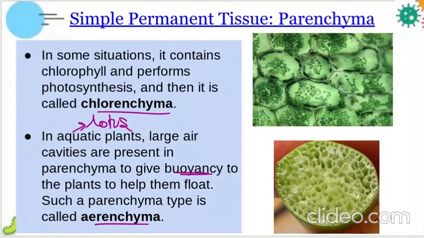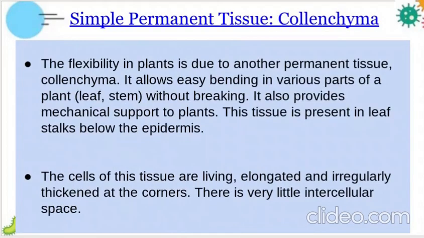Moving towards the next type of tissue, that is collenchyma. Now, collenchyma, what is the main function? It gives flexibility in plants. So basically, the main function of collenchyma is flexibility. When you try to bend a stem, it doesn't easily break, it gets flexible, right?